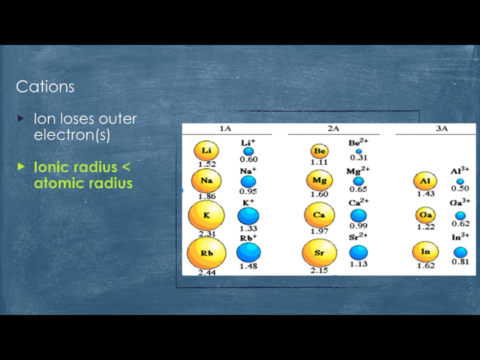If we were to take one of those electrons away, creating the +1 charge, the lithium nucleus would still have a 3+ charge, but there would only be 2 electrons around it. Since there are fewer electrons on the outside, the atom is now smaller, and therefore there's less shielding. And so that's why the ionic radius is less than the atomic radius.